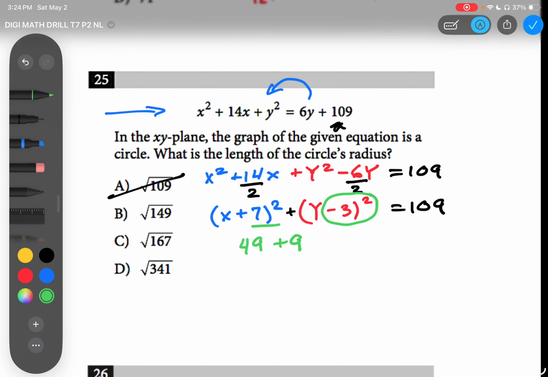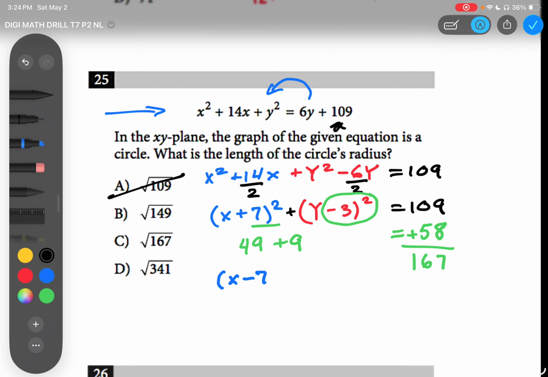Now, if we added 49 plus 9, that's going to equal 58, right? Now we're going to add it to the 109. I'm just showing you the steps to get to your radius. So that'd be 167.